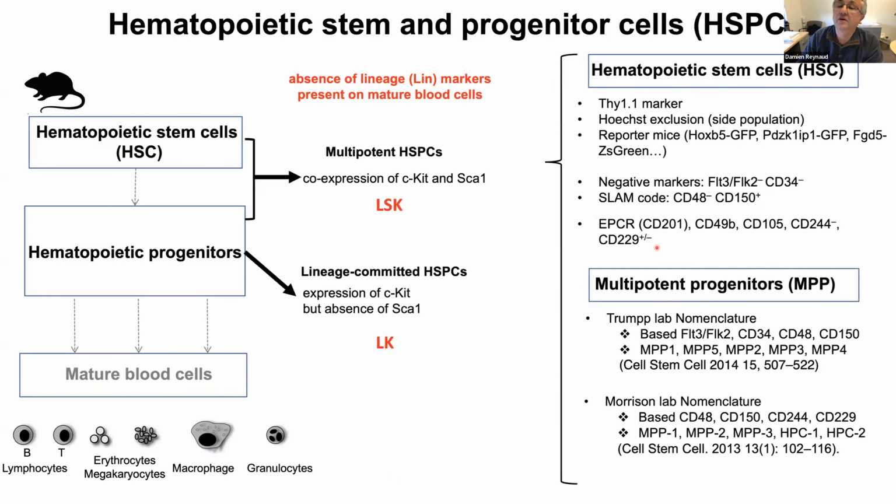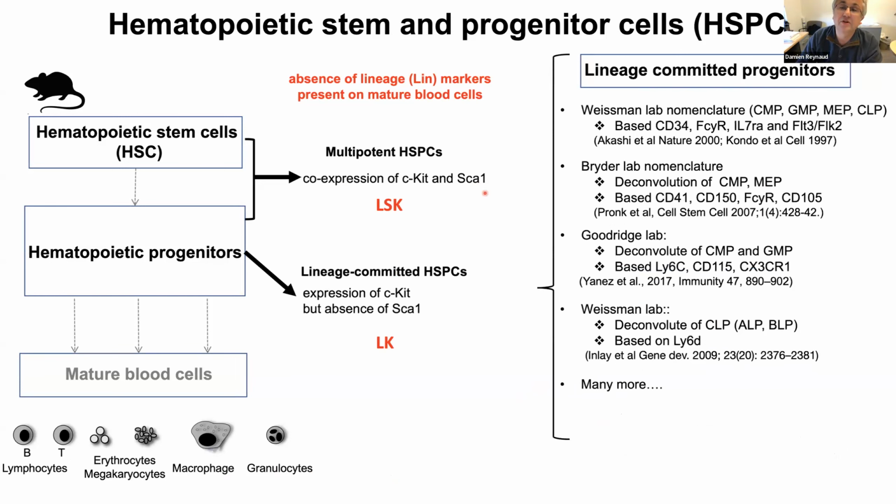So these were the different ways to assess the heterogeneity in the LSK compartment. Similarly, a great effort has been made to assess the heterogeneity of the lineage-committed HSPCs. The classical nomenclature was developed by the Weissman lab. Again, it's 25 years old, but still, I think, valuable, and it is based on the expression of CD34, Fc gamma receptor, IL-7 receptor, and FLT3.